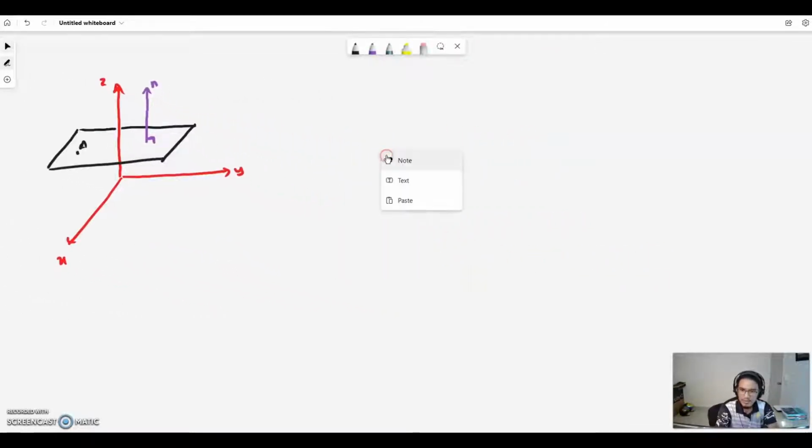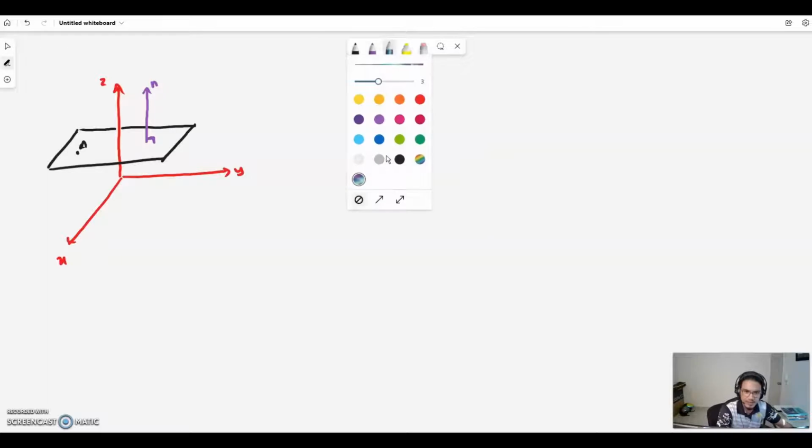Then on the plane we also have the point R, which could be anywhere on the surface of the plane, the same as the point R that we use for a straight line. Now we want to find the vector AR.